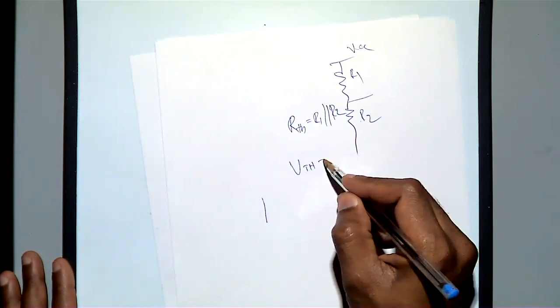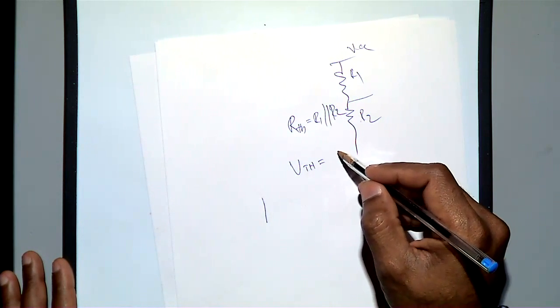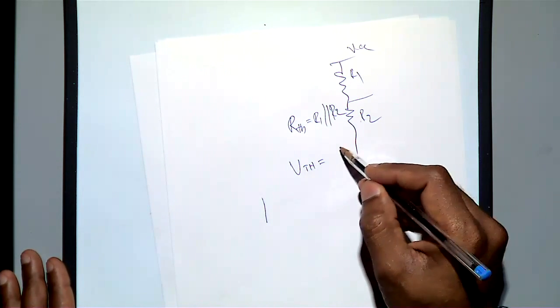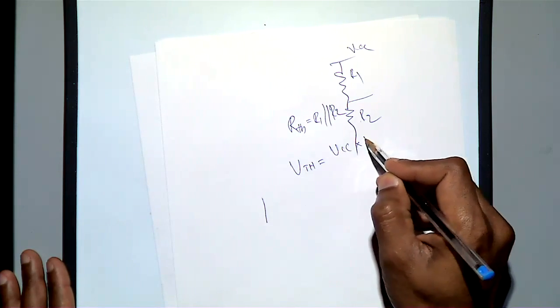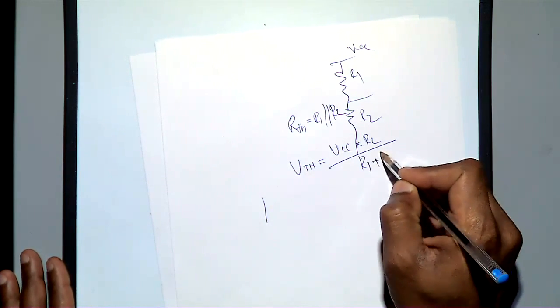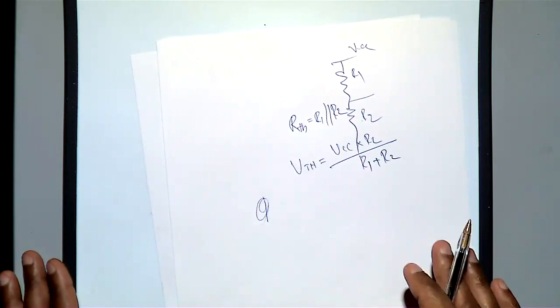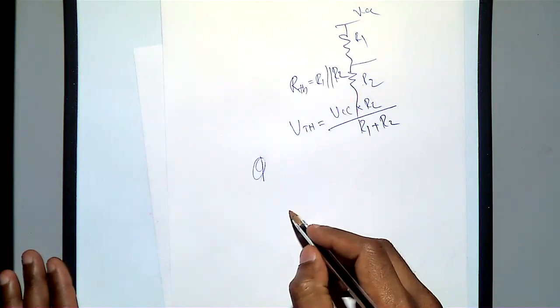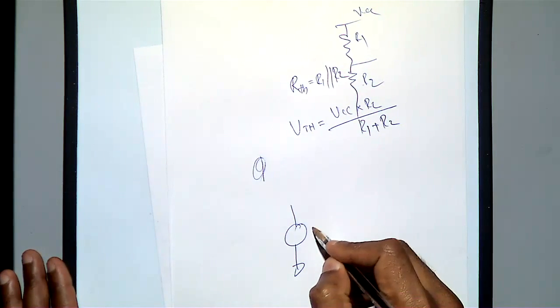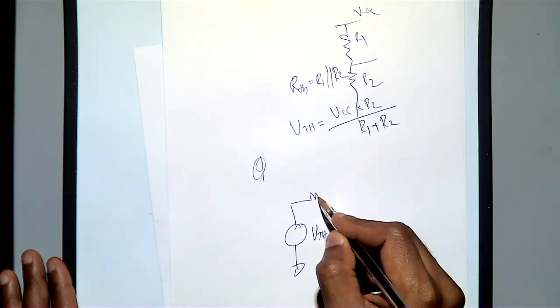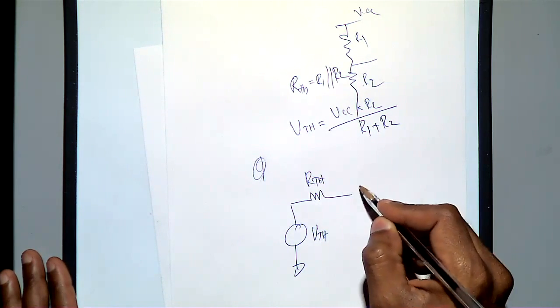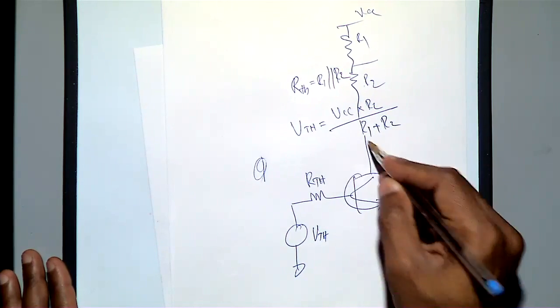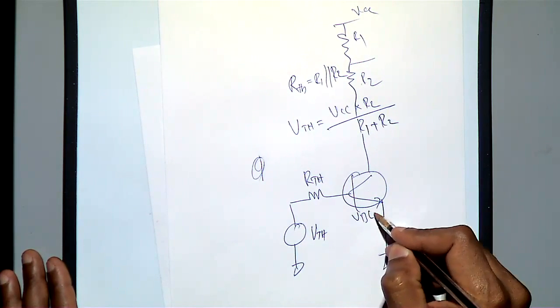Then we can also find out VTH, the Thevenin voltage, which is equal to VCC into R2 by R1 plus R2. So that is V Thevenin. Then we can represent this as C. So I got a V Thevenin, and a R Thevenin, and then it is going to your transistor, and this is your VB.